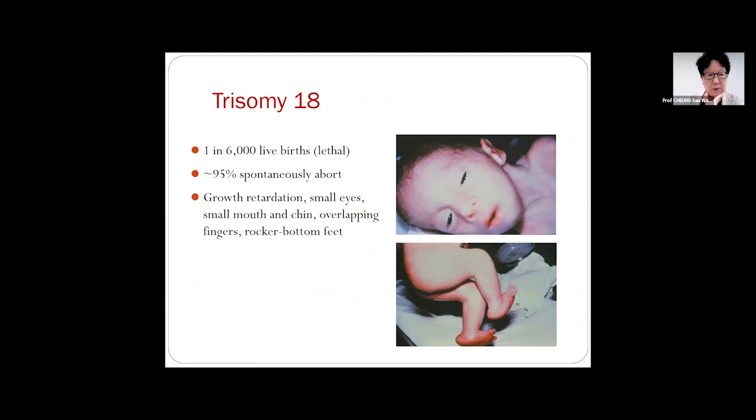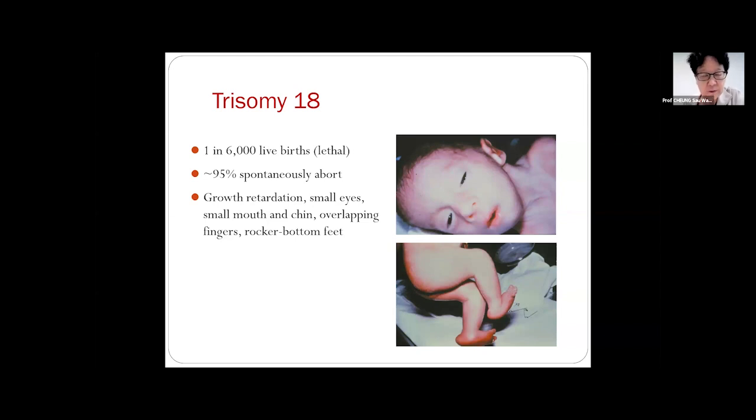The other common one is trisomy 18. In the old days, we considered trisomy 18 lethal. By the old days I mean before 2000, or in the 80s. These patients either die in utero or, even if live born, they usually pass away within the first year.